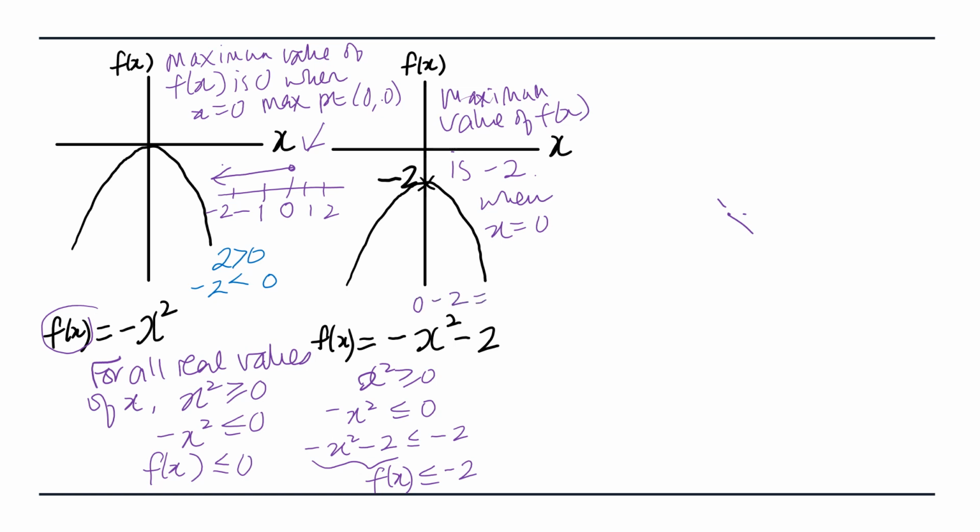In other words, I need my x squared to be equal to 0. So negative x squared equals 0 means x squared is equal to 0, and x will be equal to 0. So therefore, the maximum point will be (0, -2). Right. Let's look at another curve.